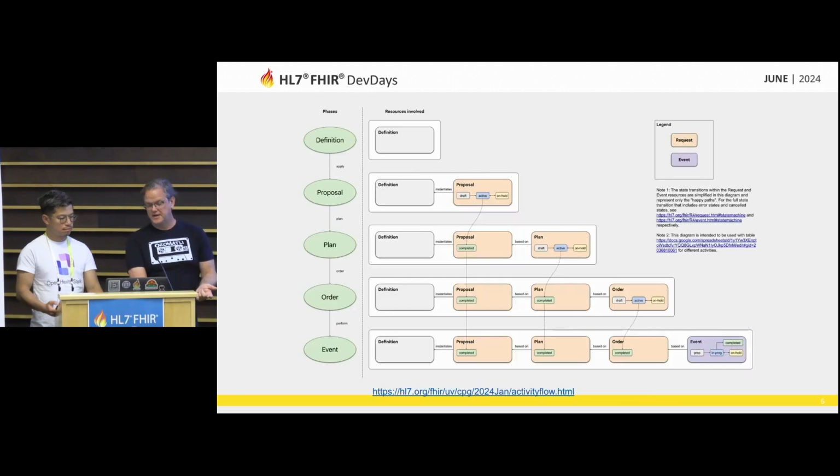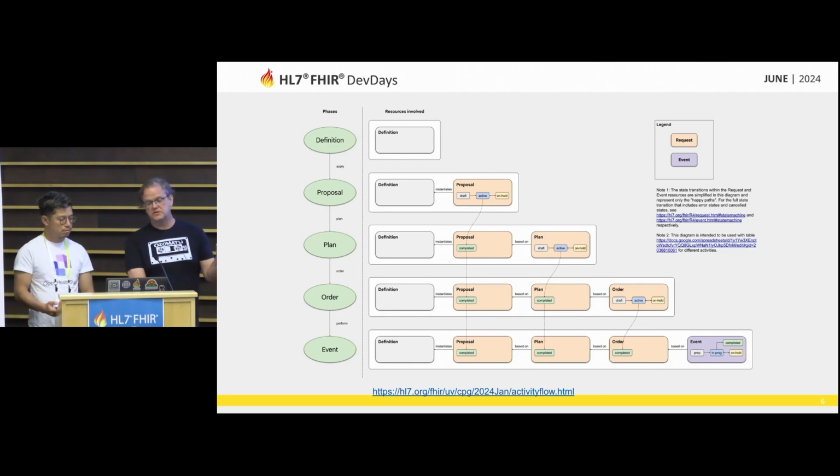Next slide. We also build on the workflow pattern in FHIR, which has the definition pattern, the request pattern, like all the service requests and medication requests, to model the actual requests going from plans to orders, and then the actual events like medication dispense or medication administration that represent the event side of that request.